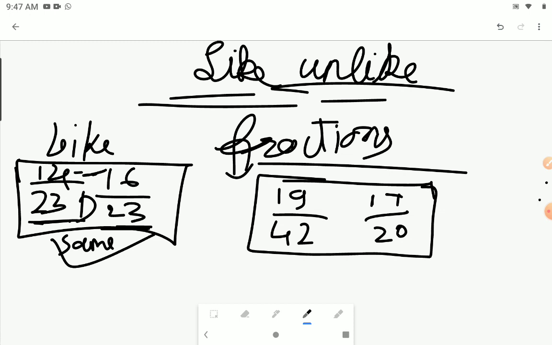Why is it like? Because the denominators are the same.